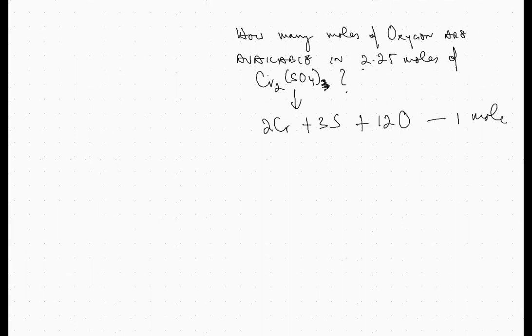Then 2.25 moles would give, just multiply by 2.25. So I get 27 moles. Remember, it's 4 oxygen per sulfate. That's how we get the answer, 27 moles.